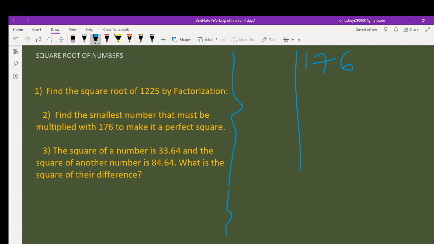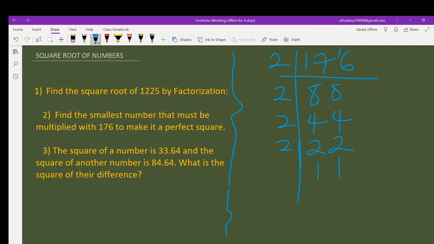Of course, there are other methods, but the easiest one, you go to here. In 176, that should be 88. You keep 1 in 16. Okay, 8 again, 2 again, you have 4, you have 4, 2 again, you have 2, you have 2, 2 again, you have 11.